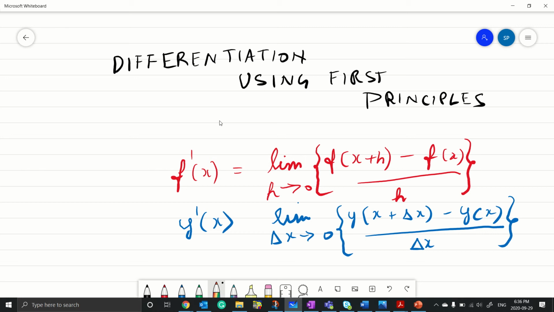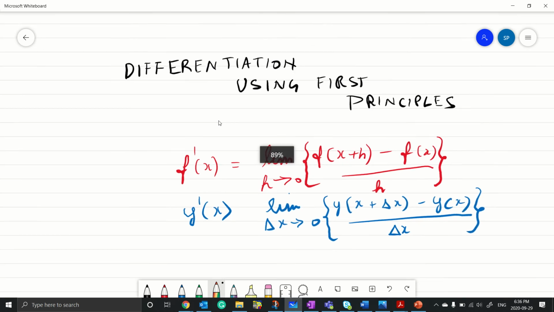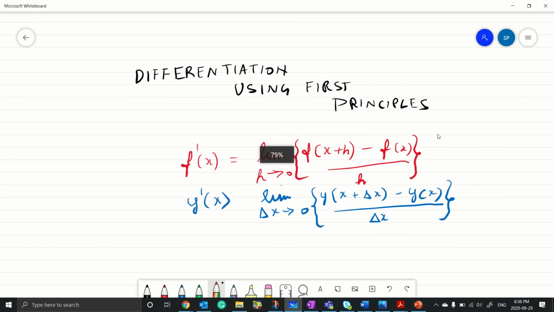Okay, we will go in order to start with differentiation, and today, at this moment, I'm going to discuss with you a formula on how to derive various formulas using first principles, that is differentiation using first principles, right? And this is one of the formulas, general formulas you could say, for differentiation.